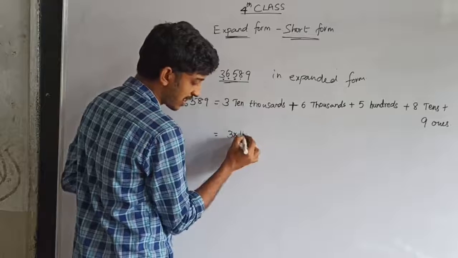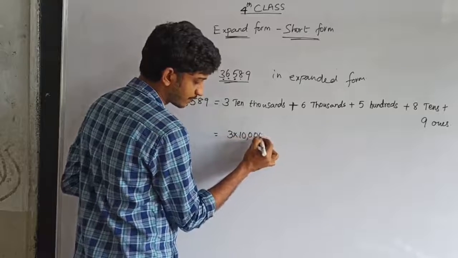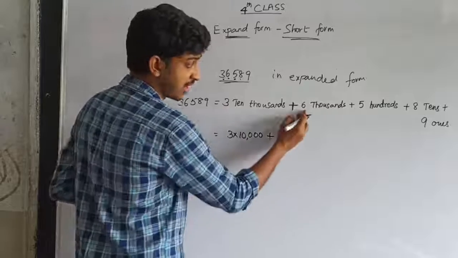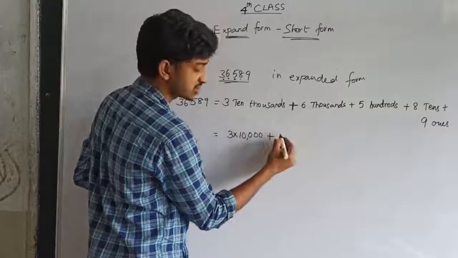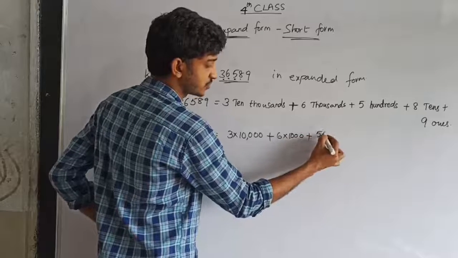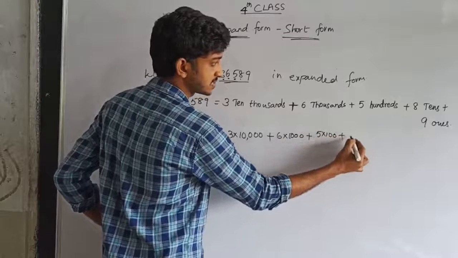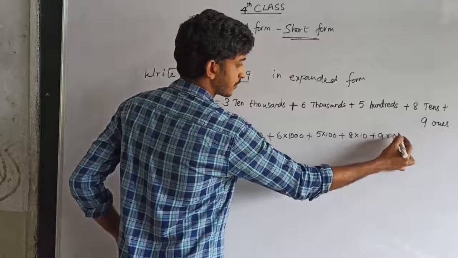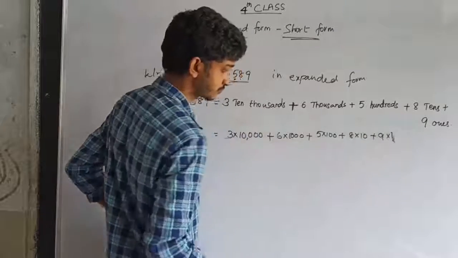So I am writing 10,000 in number form. Plus we have 3 into 10,000, and 6 into 1,000, plus 5 into 100, plus 8 into 10, plus 9 into 1.